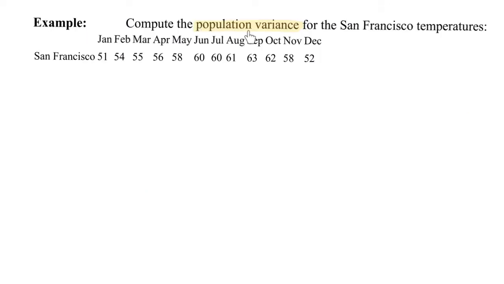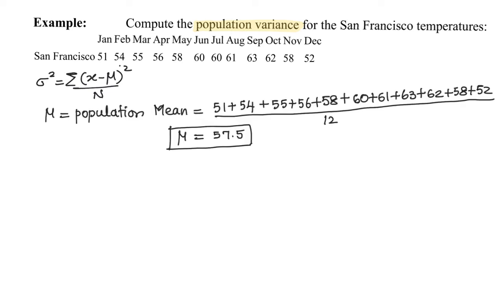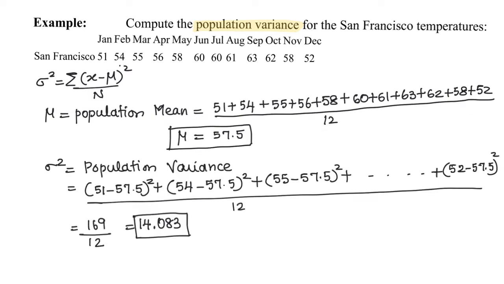Let's look at an example on population variance. First, we will find the population mean. That means add all these numbers and divide by 12. We are dividing by 12 because there are 12 months or 12 data or 12 numbers are there. So add all these and divide by 12, we will get mu equal 57.5.